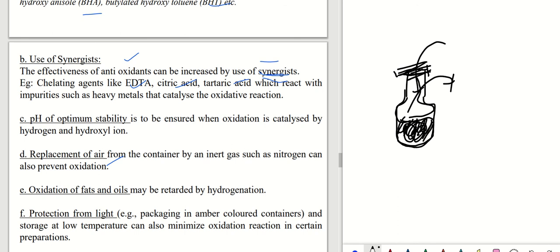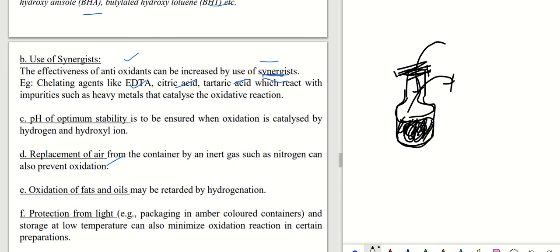And the next way we can prevent the oxidation is by molecular structural change. Like most of the fats or the oils, when exposed to air for a longer time, there will be some change in color. We might have seen the color change of the butter, cheese, or a few of the oils, right?